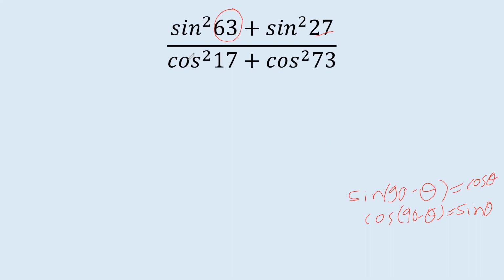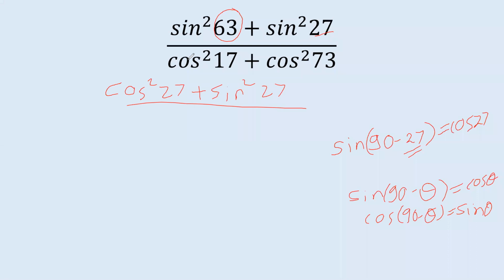Sine of 63 is sine of 90 minus 27, because 90 minus 27 is 63. That is equal to cos of 27, because sine of 90 minus theta is equal to cos theta. So I can rewrite this as cos square 27 plus sine square 27. Same thing in the denominator: cos square 17 plus cos square 73.